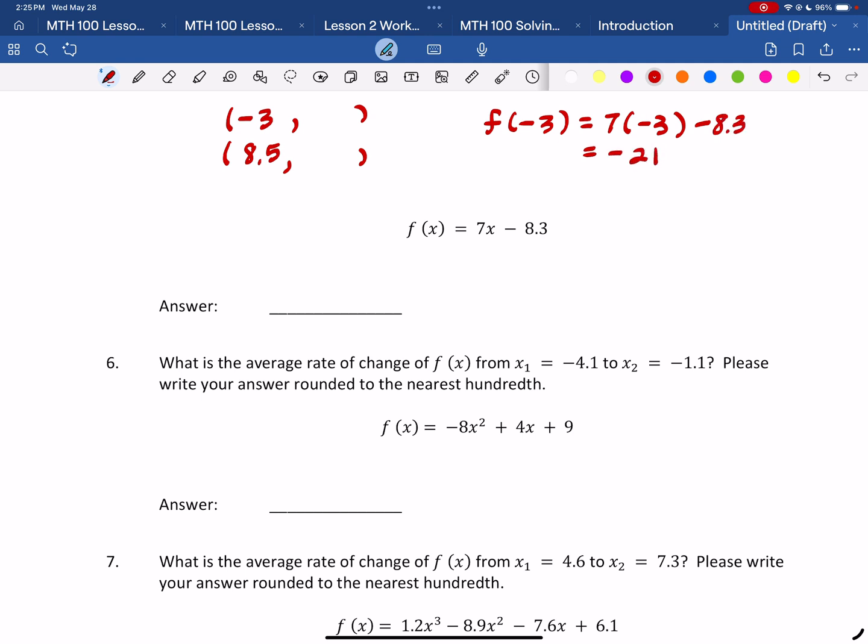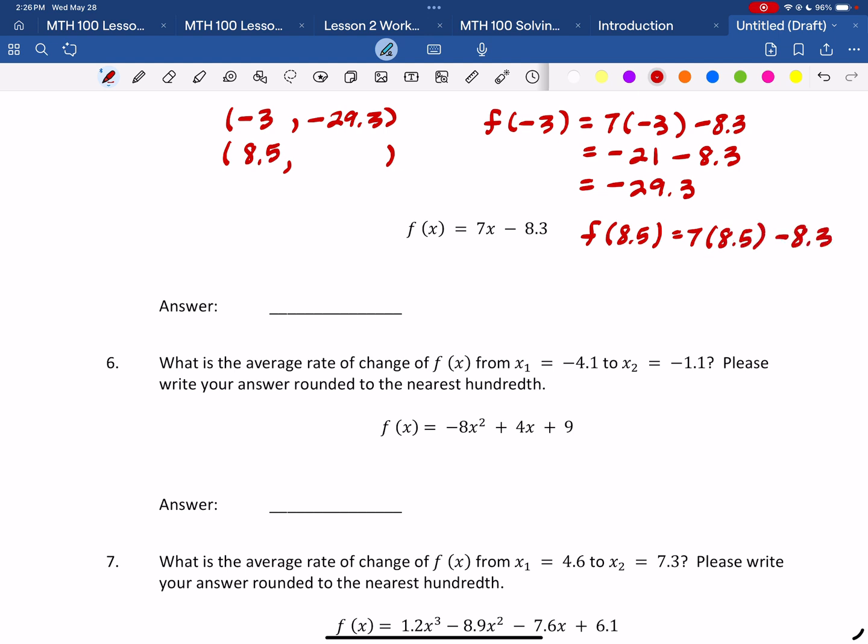Negative 21 minus 8.3 is negative 29.3. So that's my first y value, or my f of a. Then f of 8.5 is going to be 7 times 8.5, subtract 8.3.